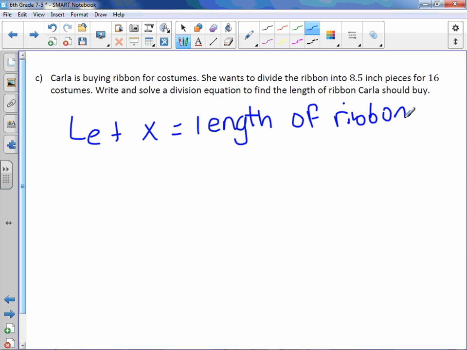Okay. So, to find the total amount of ribbon, she needs to divide it into 8.5-inch pieces, and she has 16 pieces. So 16 costumes, therefore 16 pieces. So x divided by 8.5 equals 16.